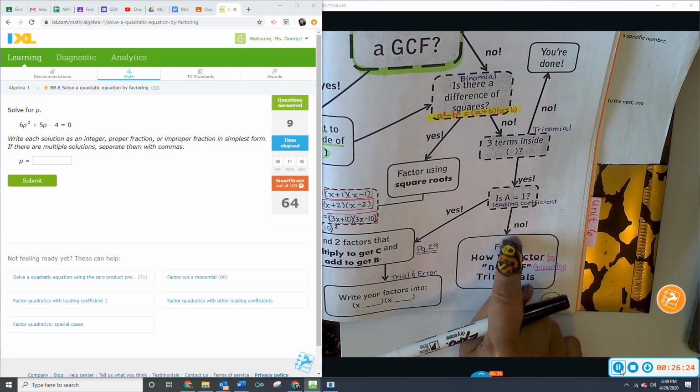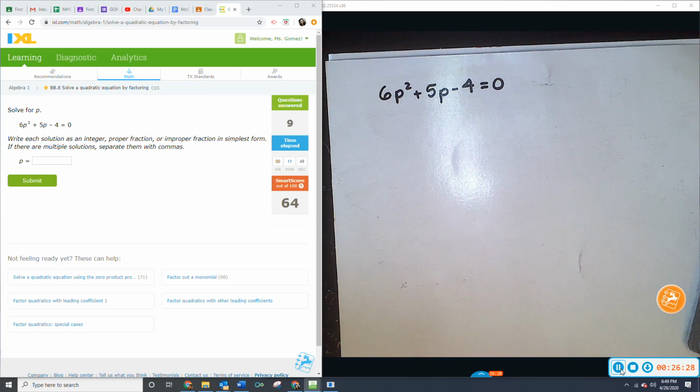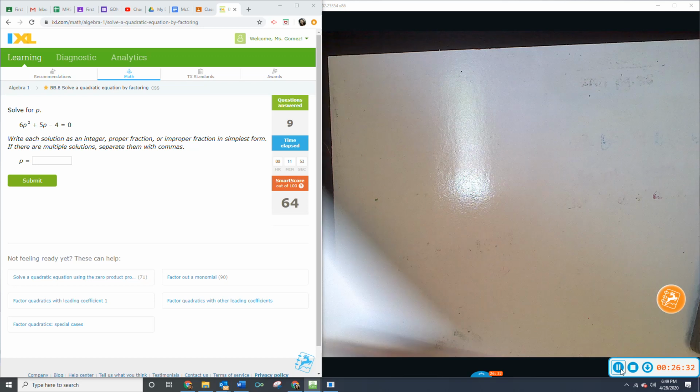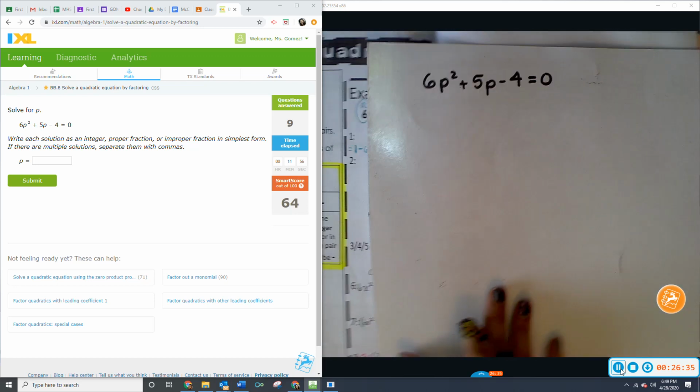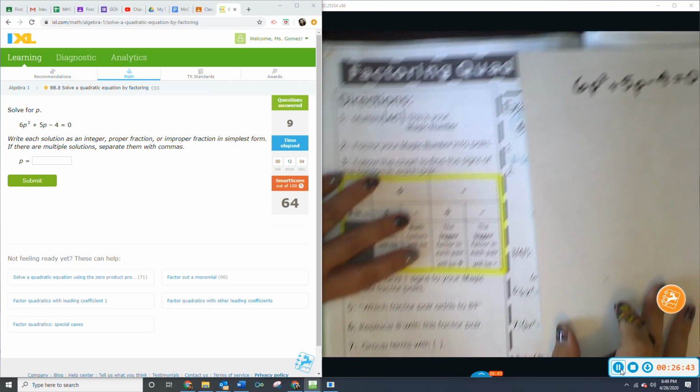My leading coefficient is not 1. So that means I would want to be following the factor by grouping model. I'll have kind of side by side if my desk will allow. There we go.